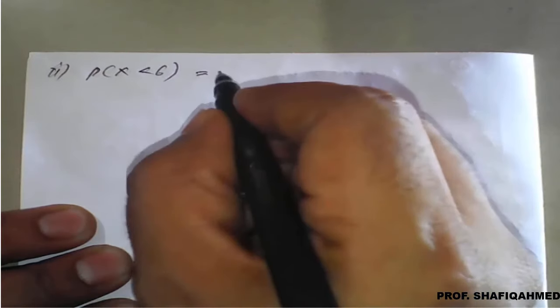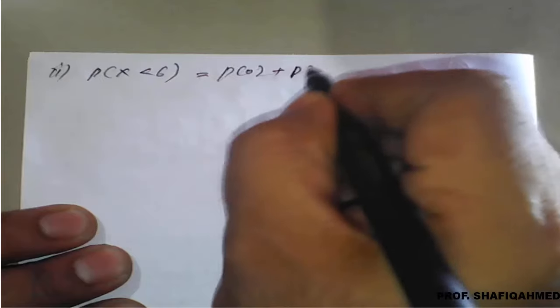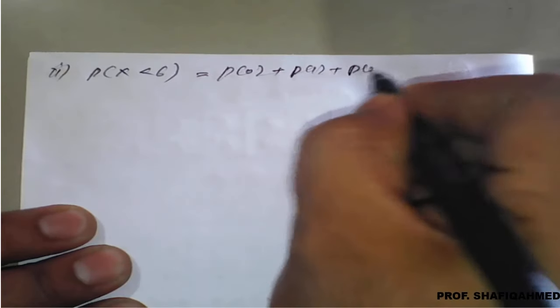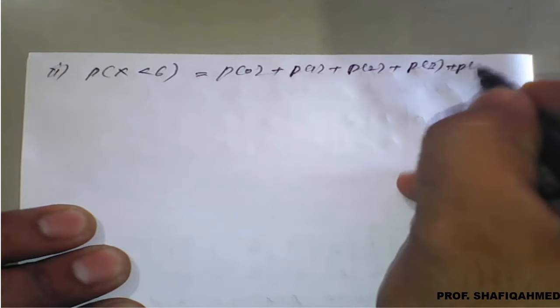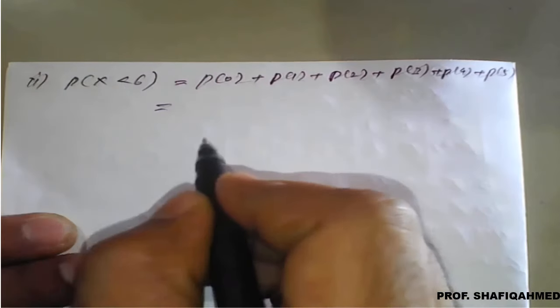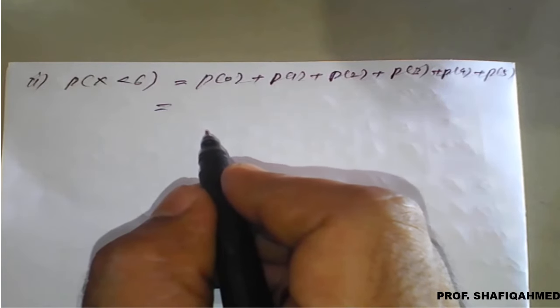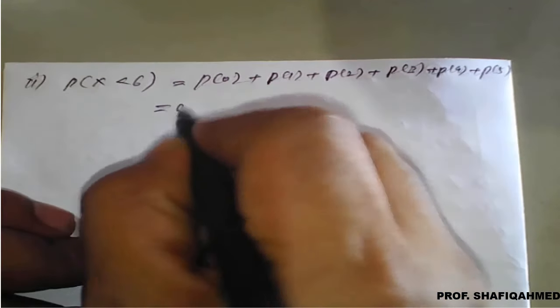It will become P of 0 plus P of 1 plus P of 2 plus P of 3 plus P of 4 plus P of 5, up to P of 5 will come. Which is nothing but, according to the table, how much here? P of 0 will be 0 according to the table.